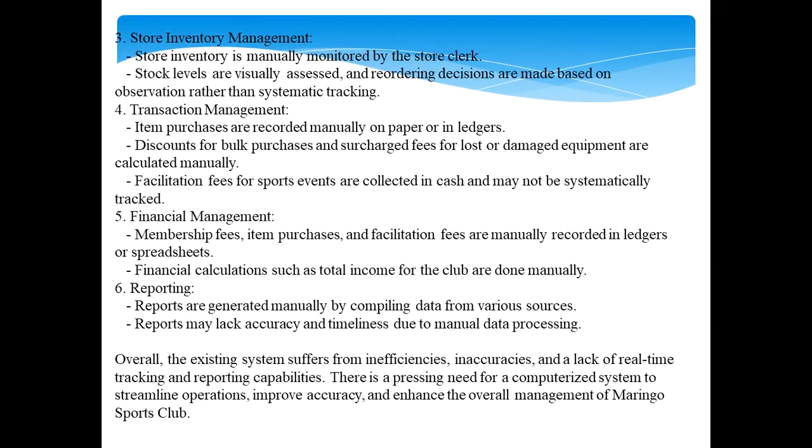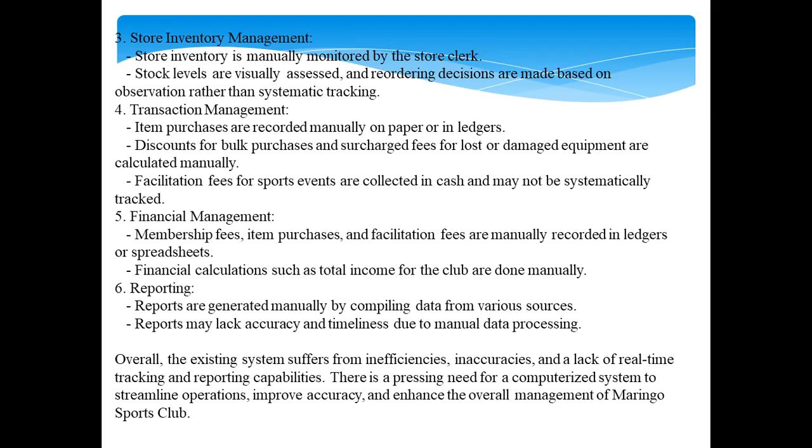How do these guys currently, before you computerize Maringo, work on the store inventory management? So store inventory is manually monitored by the store clerk. Stock levels are visually assessed and reordering decisions are made based on observation rather than systematic tracking.